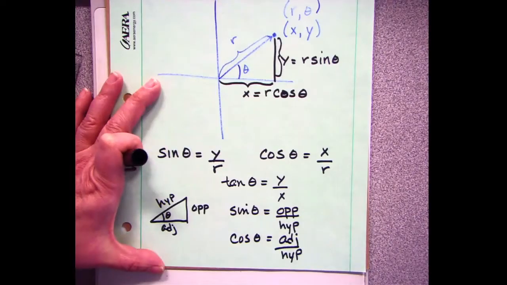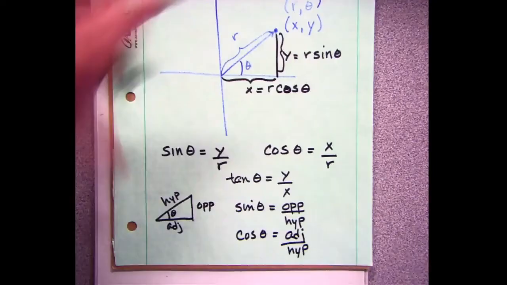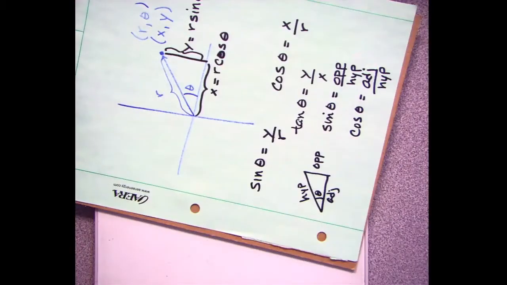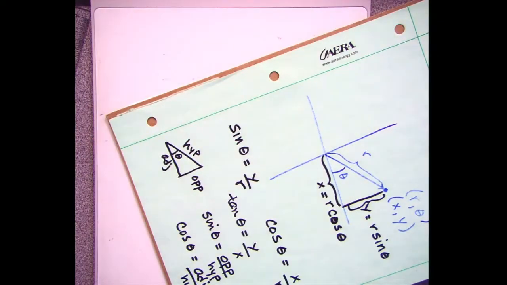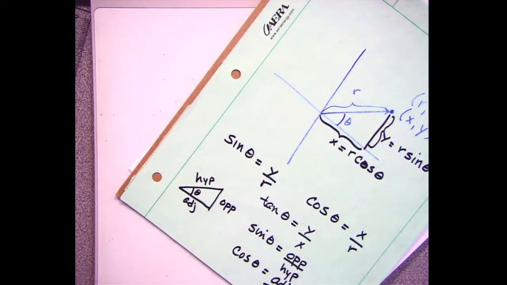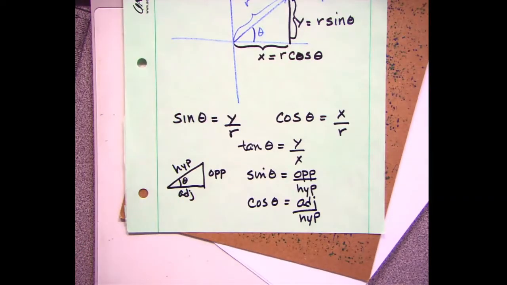And if I live with the world like that, it doesn't matter if I turn my triangle like that, or like that, or like that. I don't have to remember which is x and which is y, and I don't have to worry about it. Because I'm going to look at it in terms of opposite and adjacent, and I can keep myself straight.